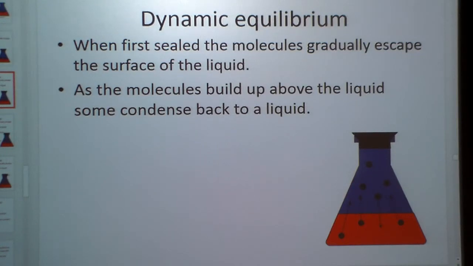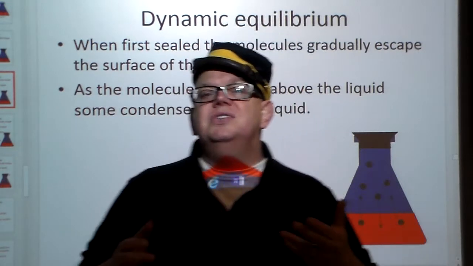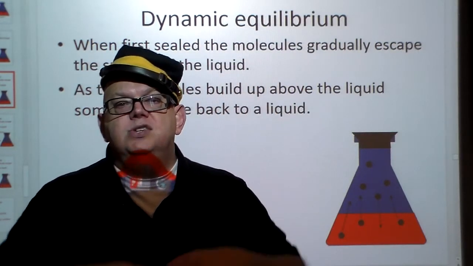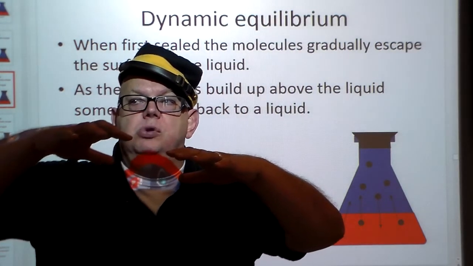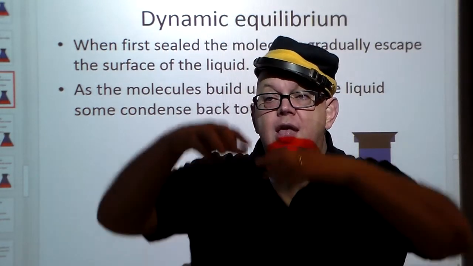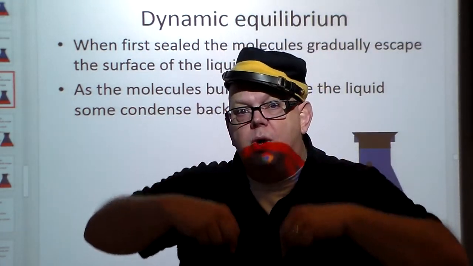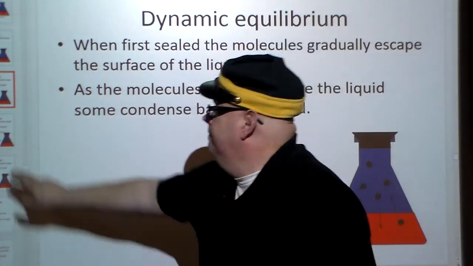Okay, so you've got some molecules that escape from the surface going from liquid to gas, but it doesn't stay that way. The gas molecules will now start coming together as they lose that heat energy. They come together and form condensation, and it's going back down into the liquid.